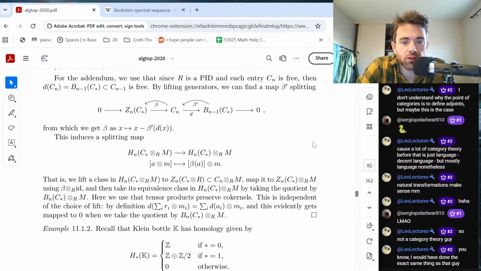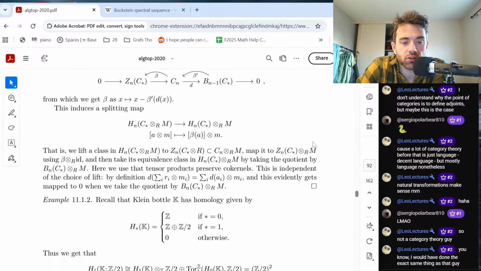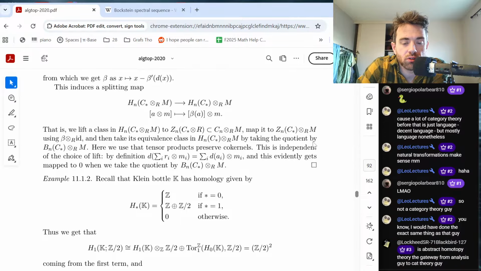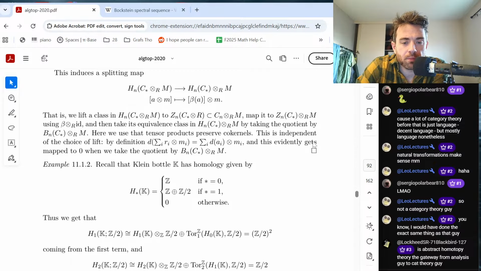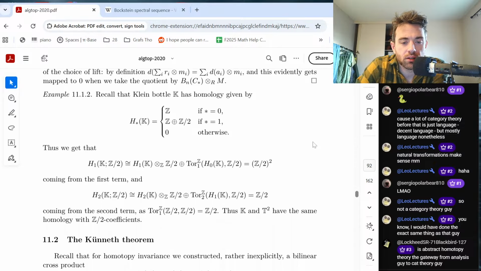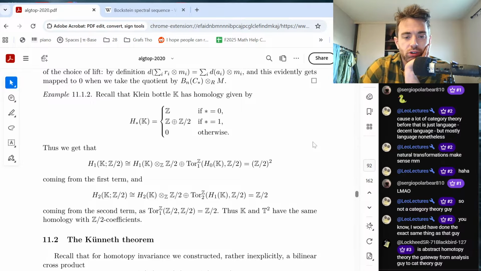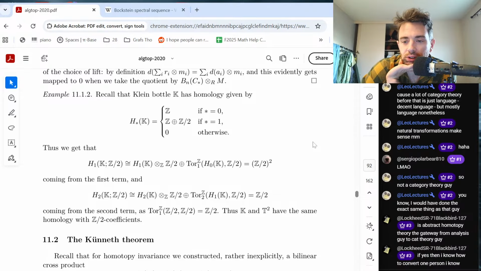By lifting generators, we can define a splitting, which induces a splitting in the opposite direction. I see. I'm still not totally sure. Okay, I mean that's fine. I guess this makes sense to me.